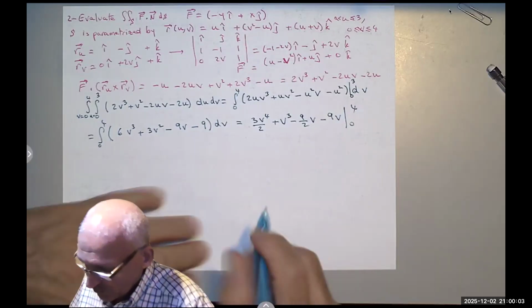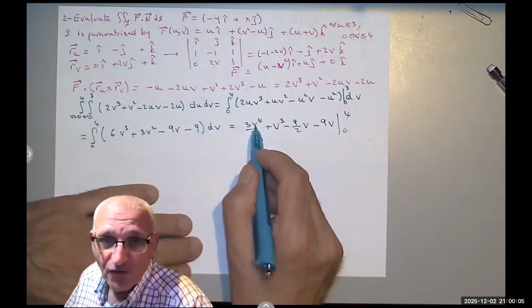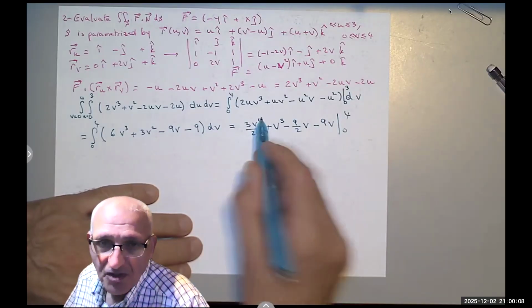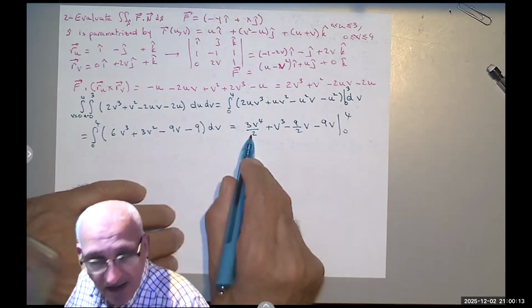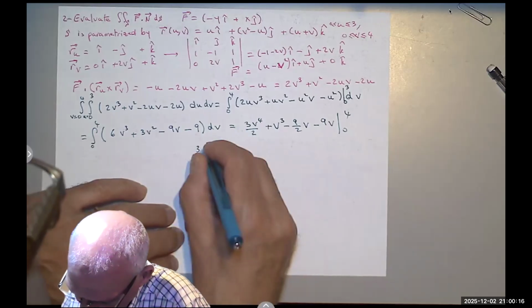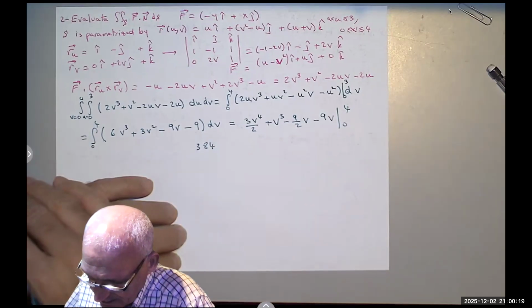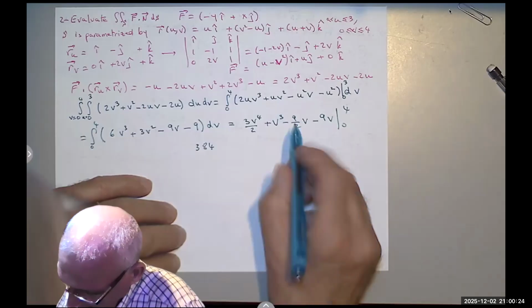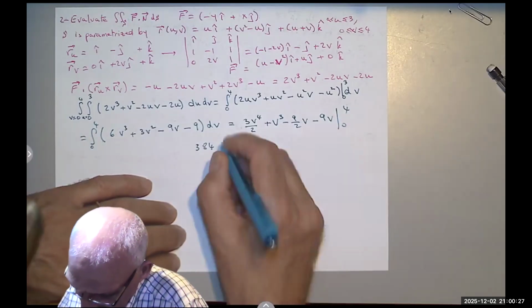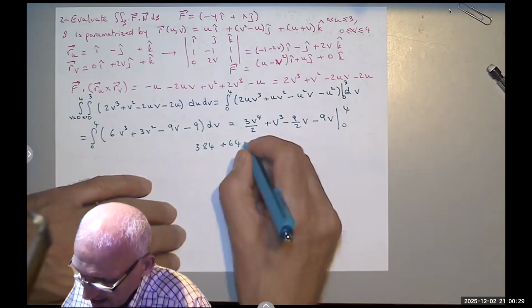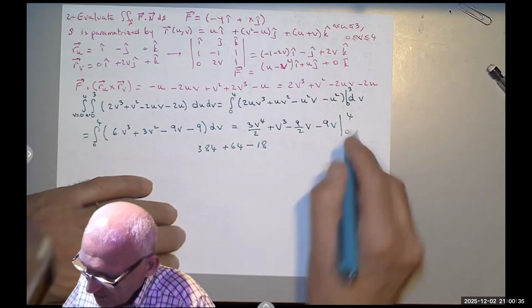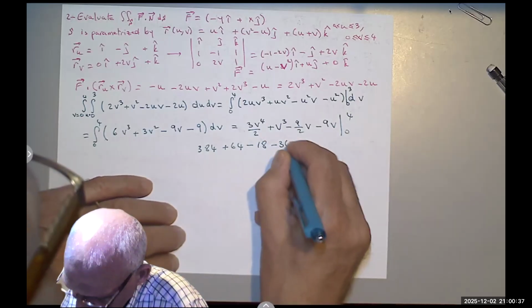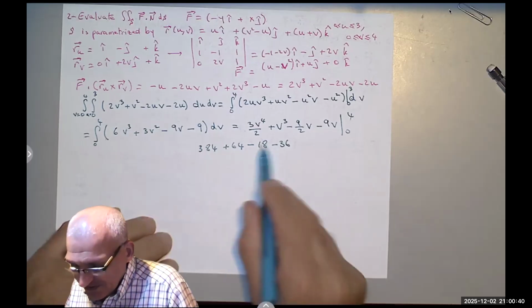So I have to do the 4. 4 to the fourth is 16 times 16, which is 256, but you divide by 2, so you get 128, and 128 times 3 is 384. 4 cubed is 64, minus, 4 squared over 2 is 8 times 9 is 72, 4 times 9 is 36. These two add to 108.